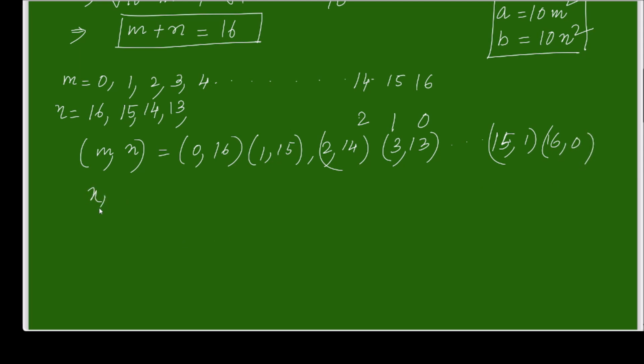The same way I can write a and b. So first will be 0 square multiplied by 10, so 0, and 16 square multiplied by 10, 2560. Since it's a multiple of 10, it's easy to write. Next is 1 and 15 square into 10, which is equal to 2250.